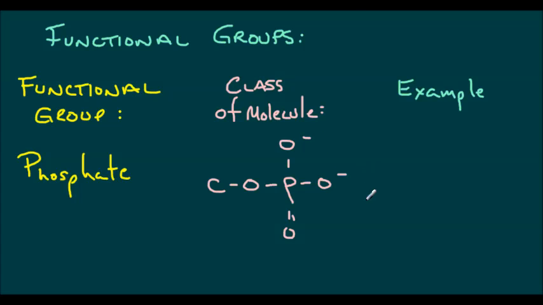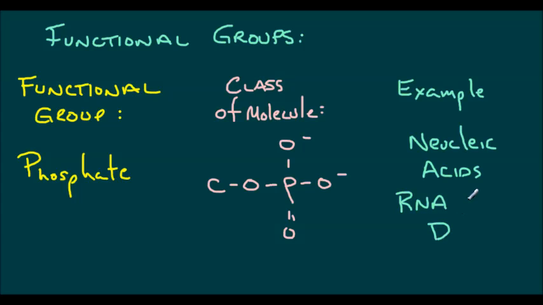There are negative charges on these oxygens, which means that it becomes quite polar, and it has a lot to do with the bonding and structural stability of certain molecules. Those certain molecules are most readily exampled in this course as being nucleic acids, and so those are things like RNA and DNA.